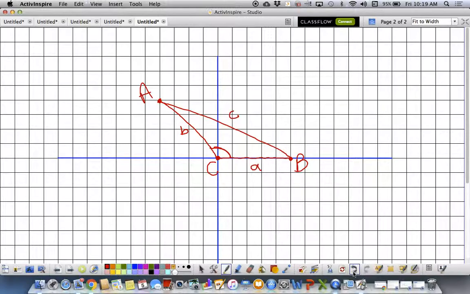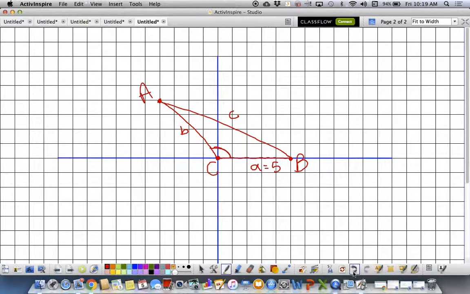I was going to use the same numbers, but A is very obviously 5. Is there a reason we're doing this on the grid? Because I want the distance formula, which is just the Pythagorean theorem.